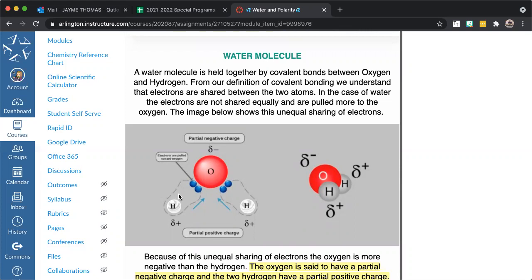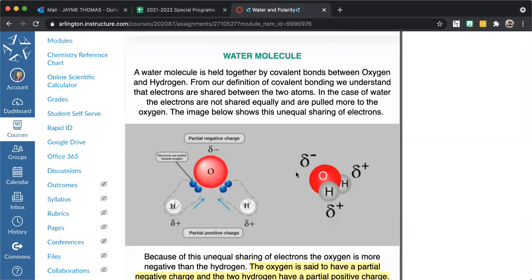Oxygen has a higher electronegativity, so it's stronger and pulls the electrons toward it more than the hydrogen does. It's like tug of war, and the oxygen is winning. They still share, but in the bond, the electrons are closer to oxygen.